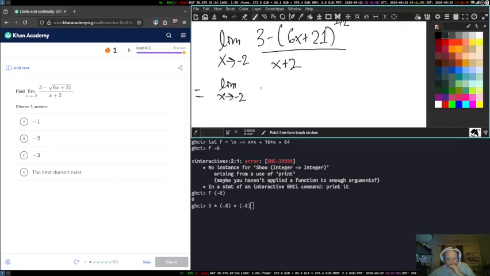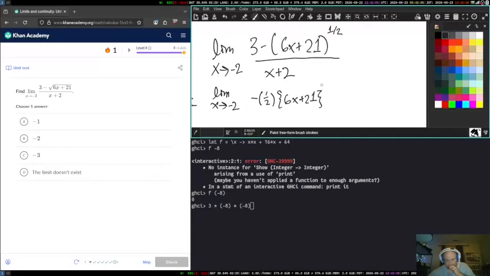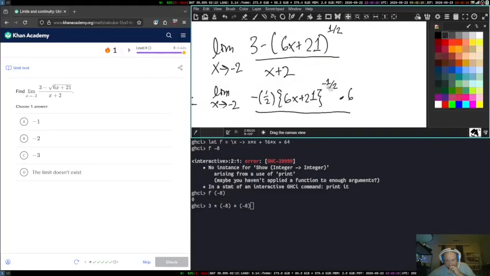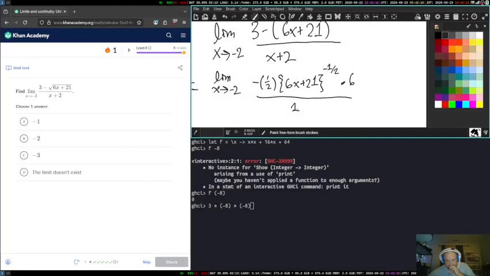That's just going to disappear. It's going to be minus 1/2 times (6x plus 21) to the minus 1/2 times 6, divided by the derivative of the bottom, which is 1.